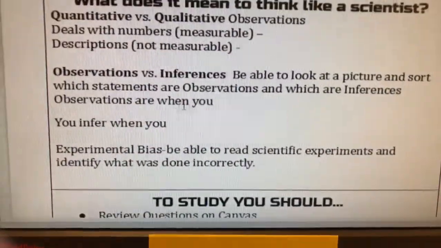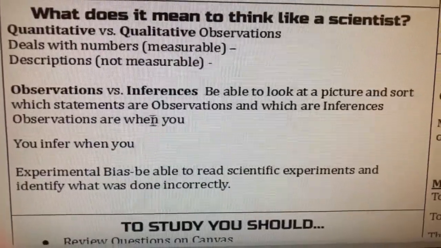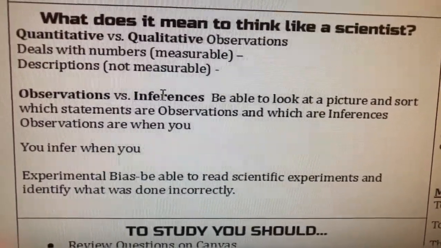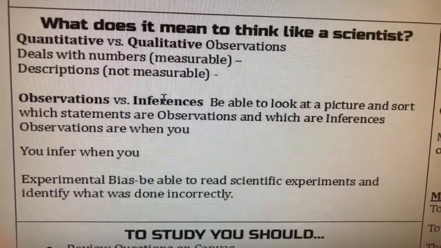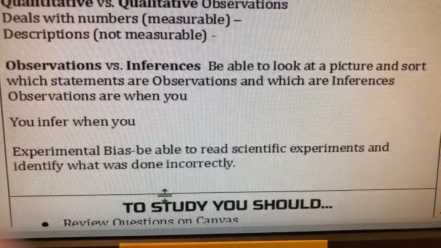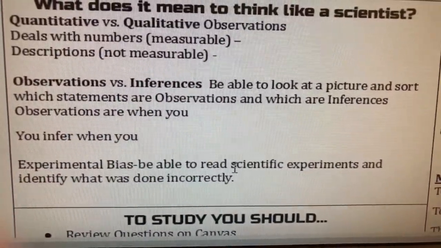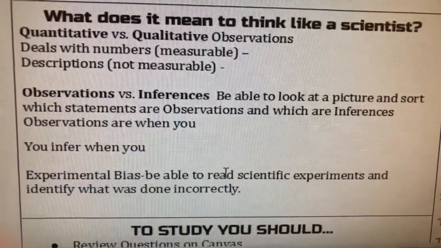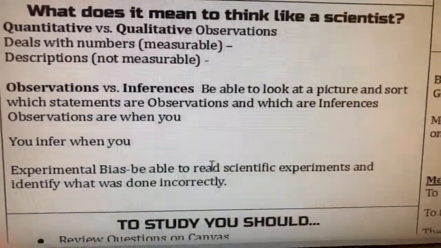Be able to look at observations versus inferences, figure out which ones are observations, which ones are inferences. Inferences are you trying to explain what you're observing. Okay, an experimental bias is when you'll need to be able to read a setting, like a situation about an experiment, and then you need to figure out what was done incorrectly with how they set it up that would have given them answers that weren't exactly right.